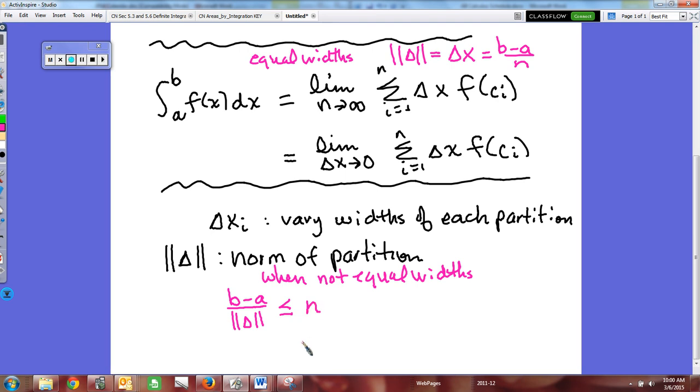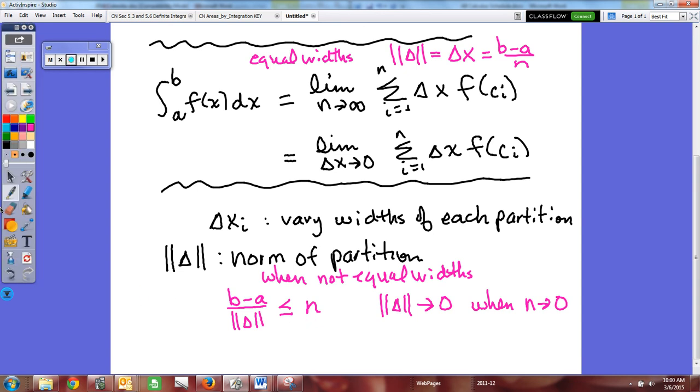And so the idea here is what they're trying to account for by creating this special symbol, that this will approach 0 when n approaches 0. And you don't even need to worry about finding what the norm is or anything.